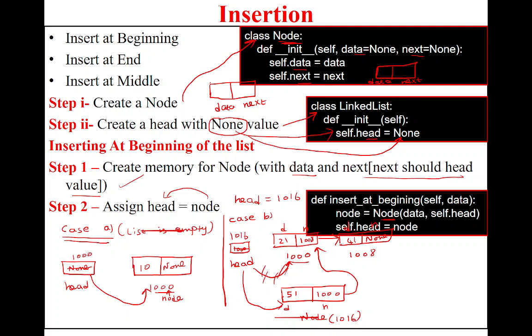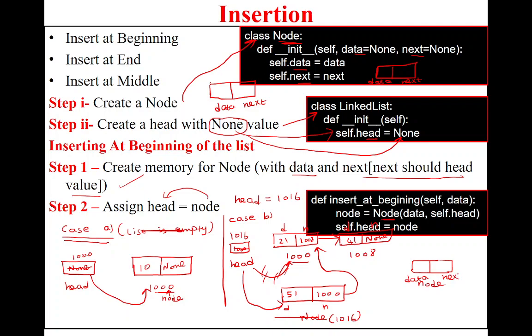Whenever we create the object, this constructor will be called, so it will create the node like this, with data and next.